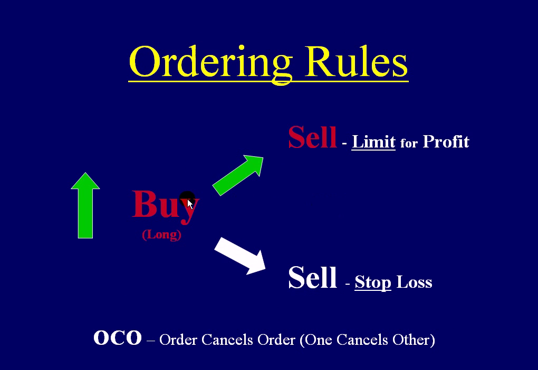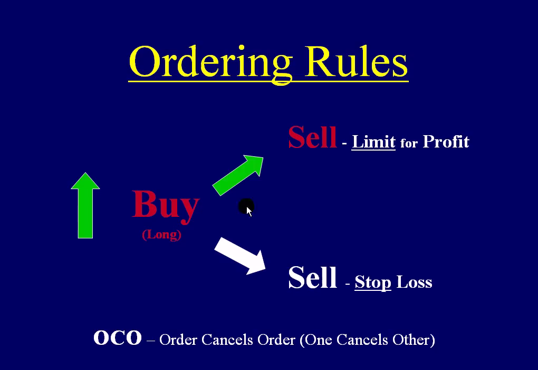So, some basic ordering rules. Anytime that you're buying in the foreign exchange market, you should have 2 sell orders attached to your order: one a sell order as a protective stop loss, and one a sell order limit for profit. These 2 sell orders should be what are called OCO orders, order cancels order, or one cancels the other.